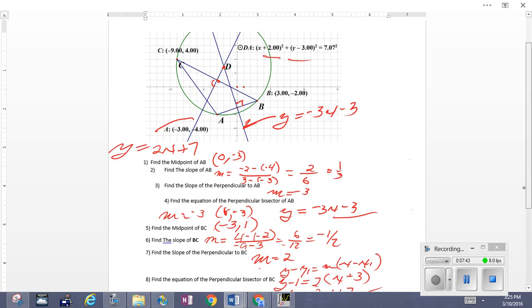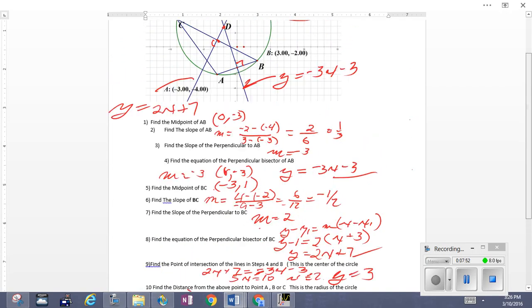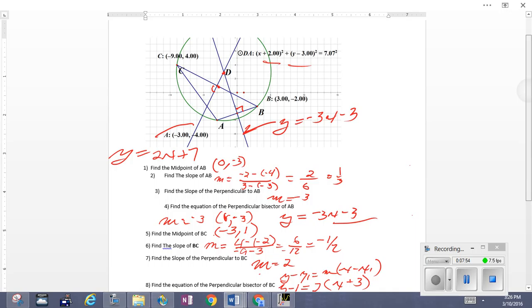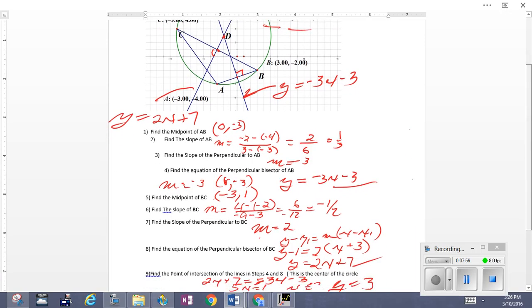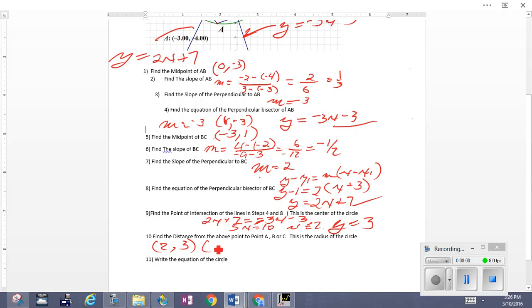The last thing I have to do is find the radius. So I'm going to go from the center point to any of the points A, B, or C. So we'll go to 3, negative 2, because that'll serve as the distance for the radius.